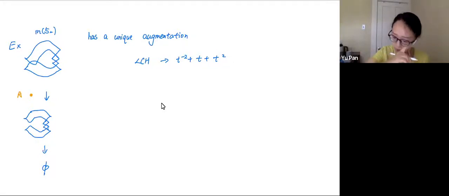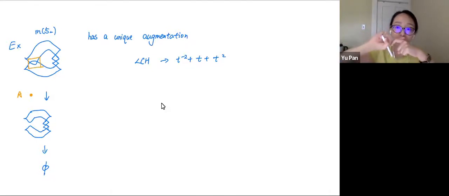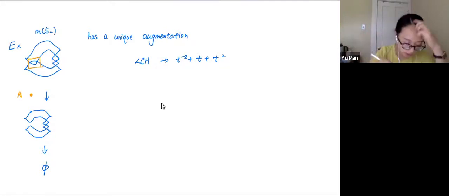To construct an immersed filling, we can do the following. Take the part in this box, where we can see two strands, like an I shape here. Then we can pull these two strands away from each other. But remember, when you pull the two strands away from each other, you're actually creating a double point, because there is a point where the two strands meet.